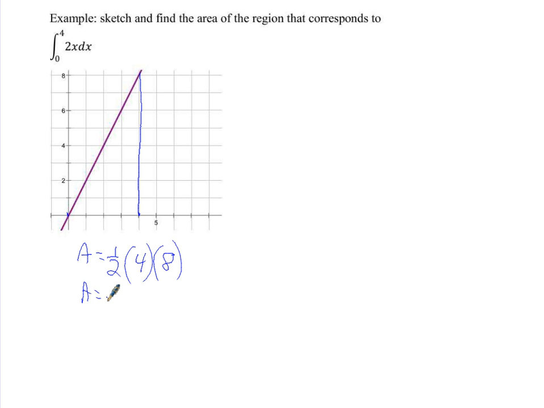Okay, so we get A equals 16. Much simpler, and that would be square units. If I gave you centimeters or something like that, then you'd write centimeters squared. But much simpler than trying to find the area using your summation from i equals 1 to whatever and a bunch of rectangles and all kinds of stuff. It would take forever. Much easier here.